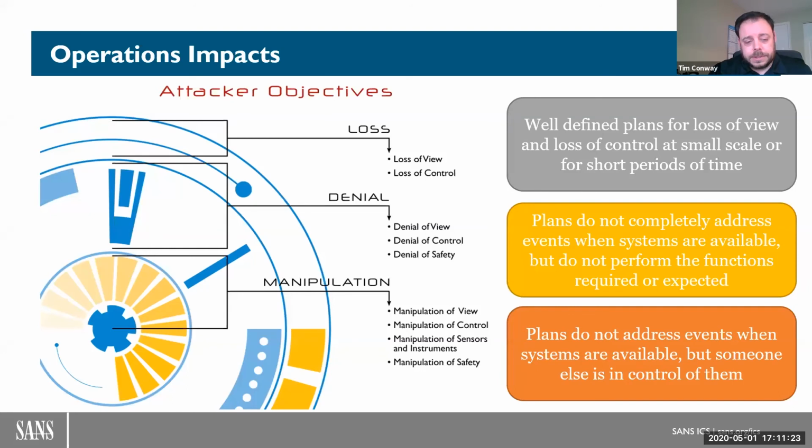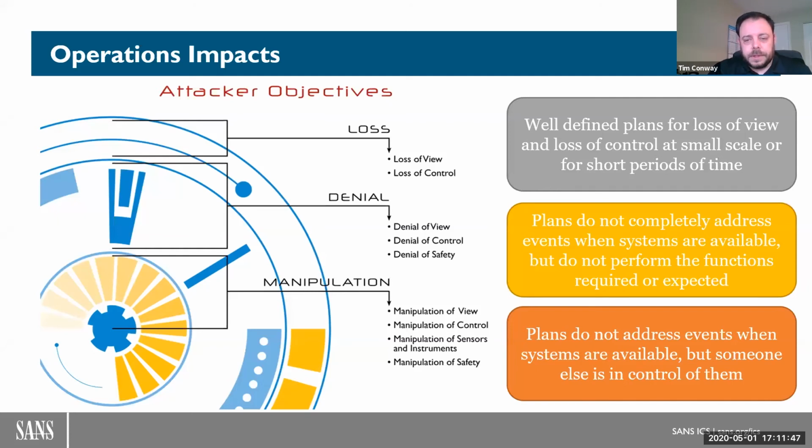Currently, the existing emergency operation orders, general orders, and planned procedures that operators have at the ready are generally fairly well defined for a loss of view event or a loss of control event at a smaller scale, a couple of sites or units or parts of the process, and for shorter periods of time.